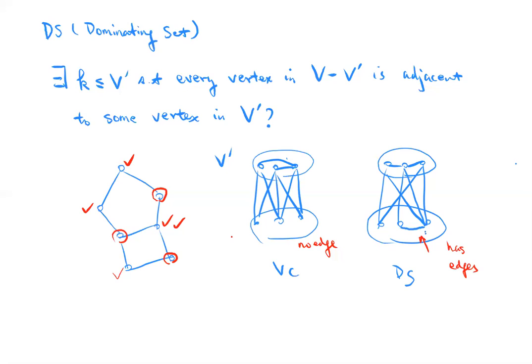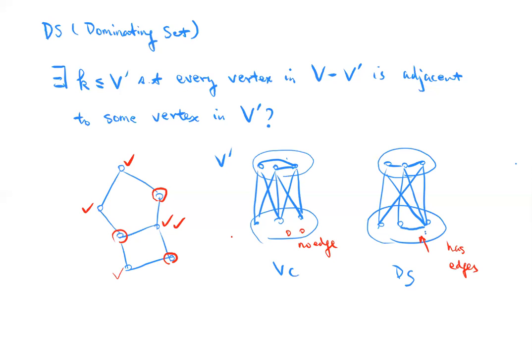When the graph has no isolated vertices, a vertex cover is also a dominating set, but not vice versa. So in a sense, vertex cover is a special case of dominating set in terms of solution. Every vertex cover is a dominating set when the graph has no isolated vertices, because if it has isolated vertices, then we may have this situation, since these two vertices are not dominated by V prime.